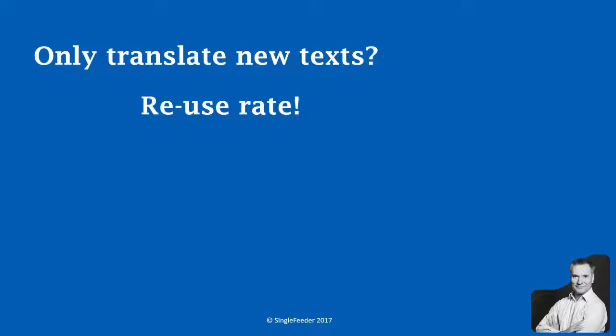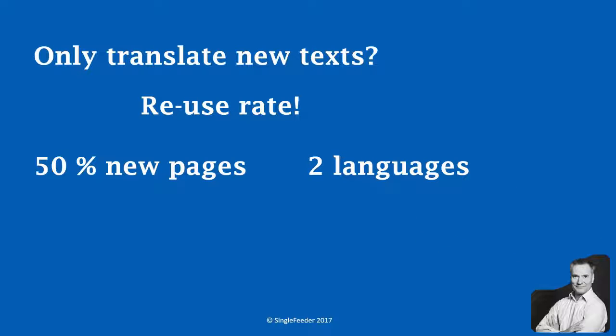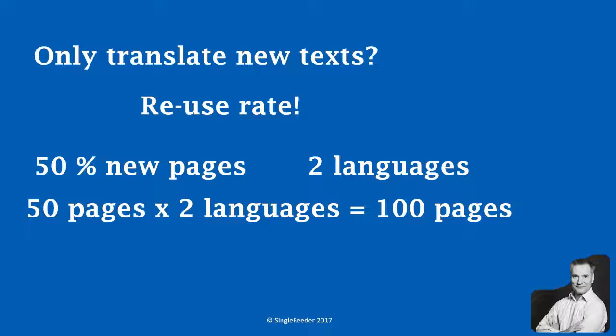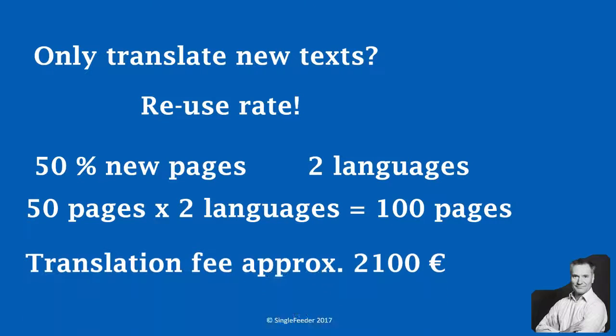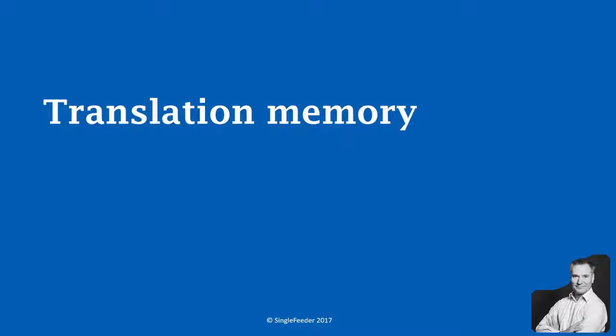That would give you 100 new pages to translate, and consequently your translation costs would drop down to about 2,100 euros. If you or your translation service provider uses a translation memory, you know the factor that reduces the costs by this system, and you can factor this into your calculation of the potential savings.